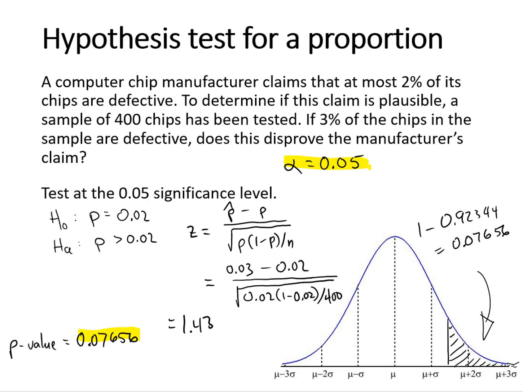In this case, we see our p-value is bigger than alpha, and when the p-value is bigger than alpha, we do not reject the null hypothesis. So at the 0.05 level, we do not have sufficient evidence to prove that they have more than 2% of their chips defective.